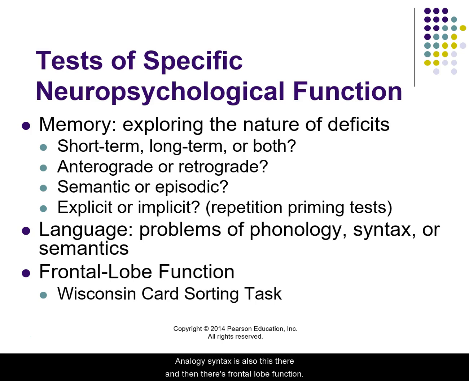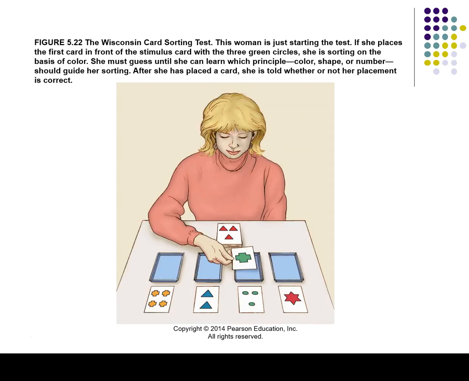And then there's frontal lobe functioning. So this is going to be more of a higher order cognitive task. Okay, the Wisconsin card sorting task, you can see it in the book. Oh, actually, there's a diagram here. And what it asks of the patient is to sort the cards based upon color, and then after they start making mistakes, they change it to sort based upon shape and so on.